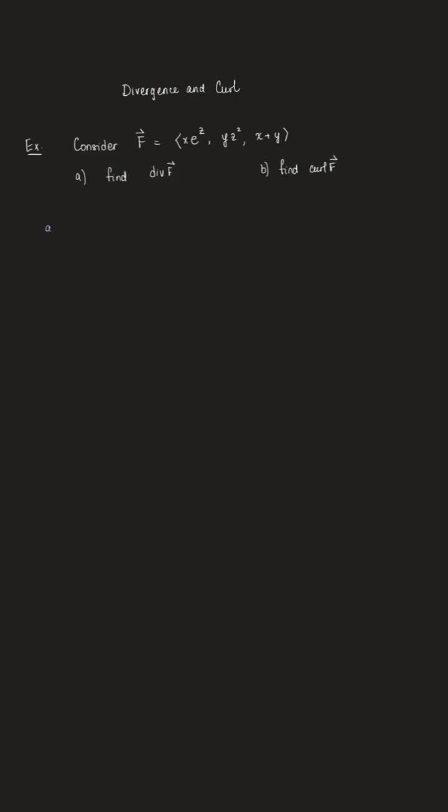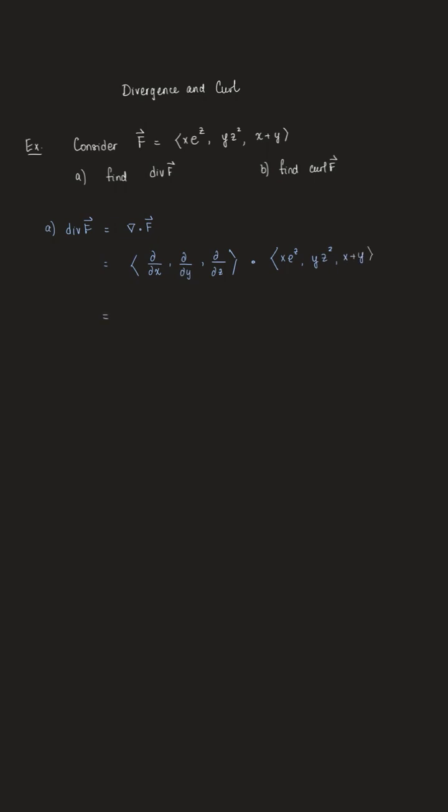So div f, recall that div f is the dot product of our del operator with our vector field. So we calculate it by writing our del operator, which consists of the three partials for our field in R3, and this is dot product with x e to the z, y z squared, and x plus y.